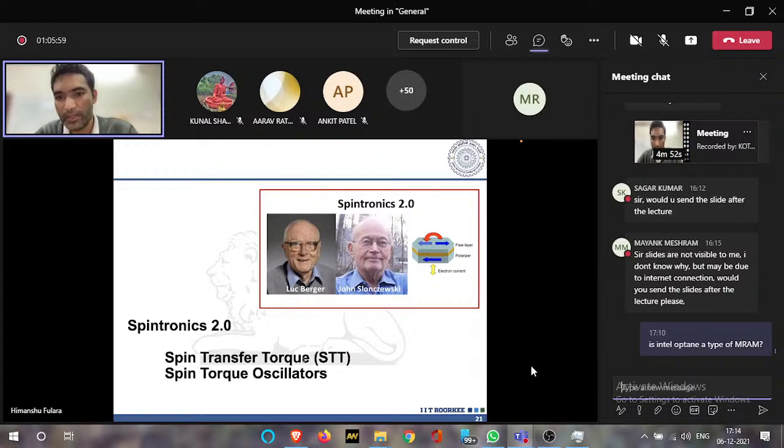Researchers combined the magnetic tunnel junctions with the spin transfer torque, and what this spin transfer torque does is give you the capability to drive these devices with very little energy. And I will tell you how it was possible.